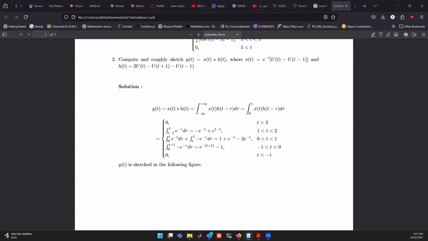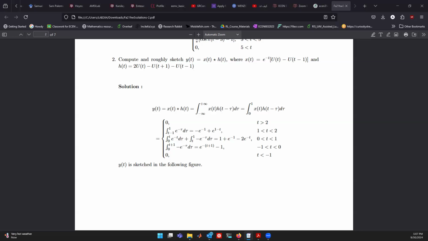So this red one, minus u(t plus 1), remains the same. But minus u(t minus 1) starts from plus 1 from here, and it will be minus 1 like this. Now, if we add all of these signals together, here we have just this minus u(t plus 1) alone, which will not cancel with anything.